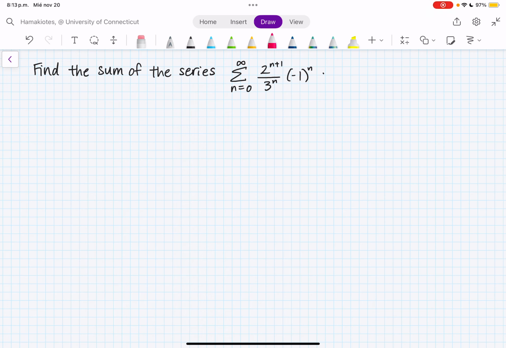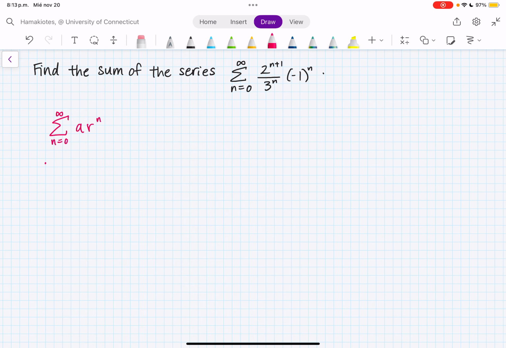So if I have a series from n equals 0 to infinity, where I have a times r to the n, we need to check something about r to figure out whether it converges or diverges.